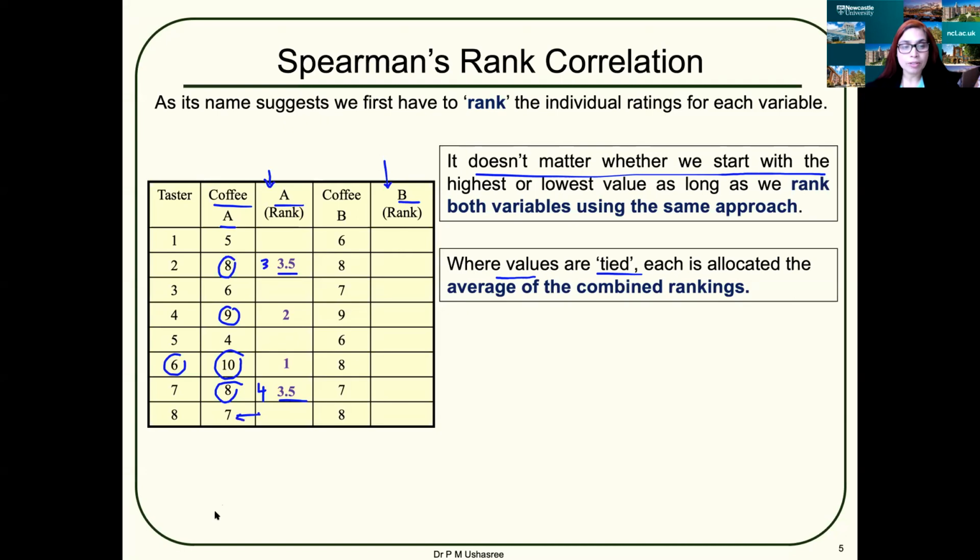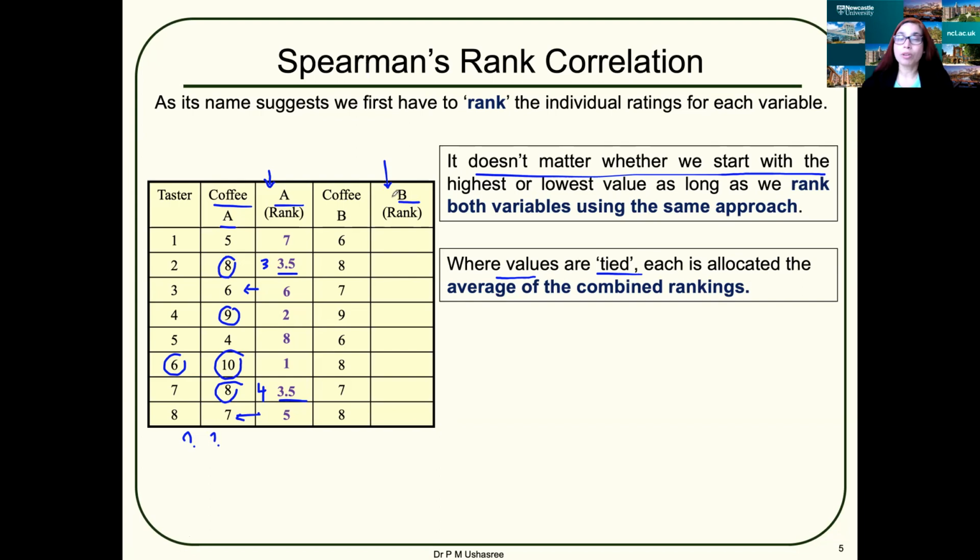This is your fifth position, the next highest value. And then you have the next highest value here. And then what's the next highest value? Good. That's 5. And the next highest value? Good. That's 4.